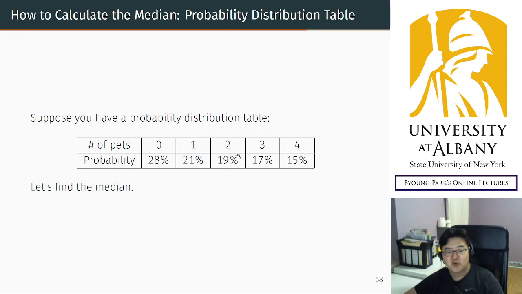Of course, there are 5 different outcomes, but 2 is not the median, even if it is the third smallest, because we have to consider the probabilities. We are not just dividing the 5 outcomes into half and half, but we are dividing the probability. Probability is the point rather than the number of outcomes.